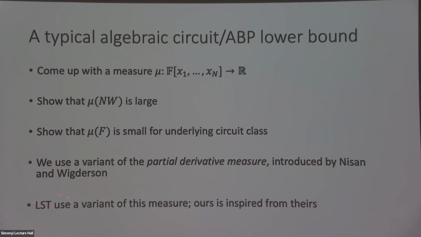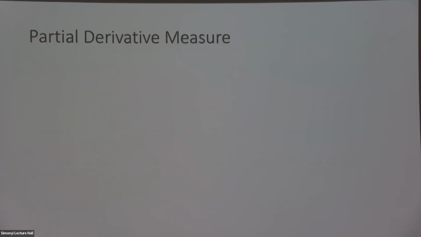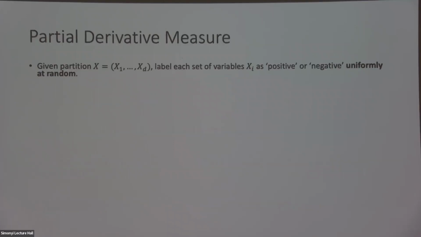The LST proofs used a variation of this measure. This is the second LST work. Our work is some hybrid between the Nisan-Wigderson measure and the LST measure, but it is also like Raz's measure for multilinear lower bounds. So let me describe completely what the measure of complexity we use is.